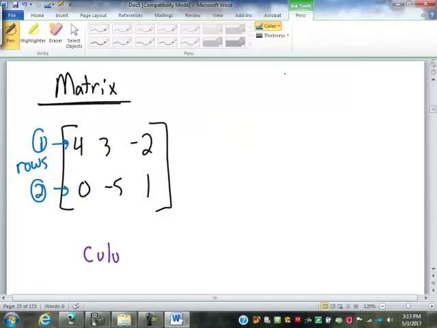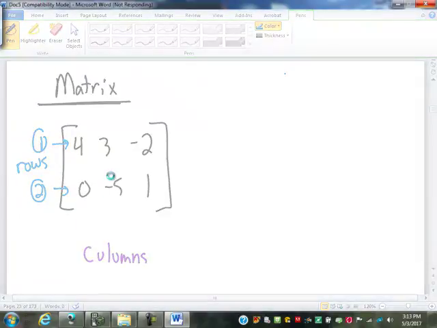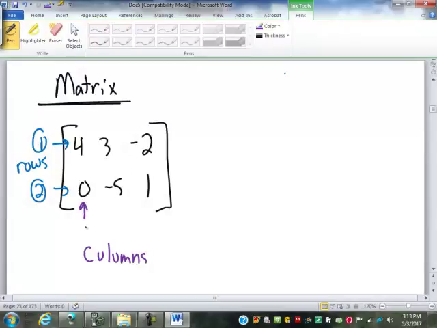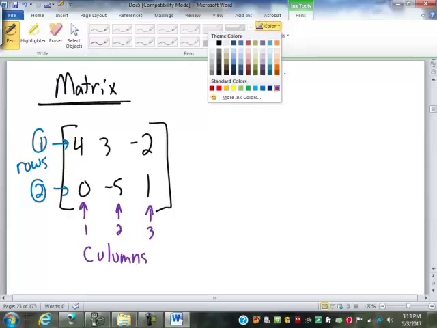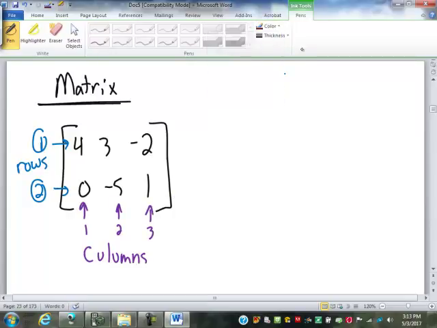Matrix also has columns. So this would be column 1, 2, and column 3. So if I were to define this matrix, it would be a 2 by 3 matrix. We define the number of rows by the number of columns.